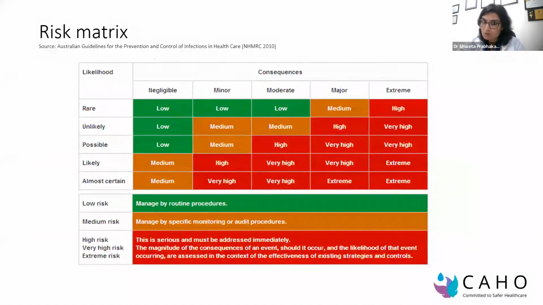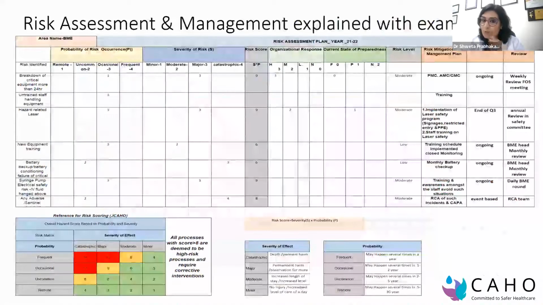And this is another matrix, which is the consequences multiplied with the likelihood. This is one slide on which I will take half a minute. This is a risk assessment and management plan, from my organization. We did a very, very comprehensive risk assessment across the biomedical equipment department. These are some of the examples, because we've been doing it over the years.